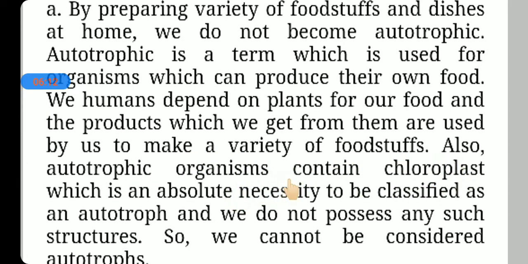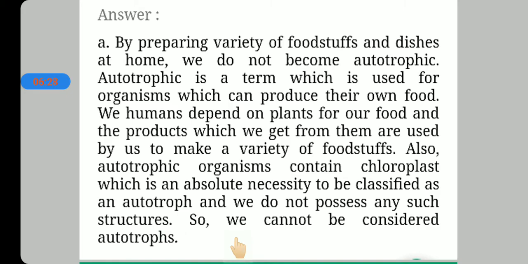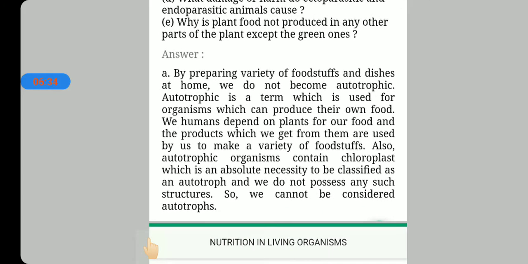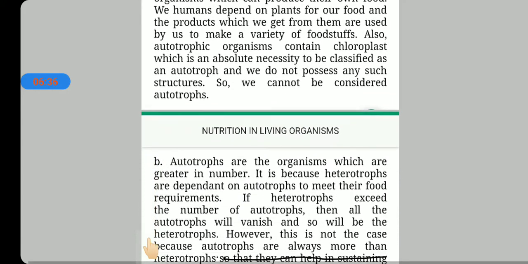Also, autotrophic organisms contain chloroplast, which is absolutely necessary to be classified as an autotroph, and we do not possess any such structure. So, we cannot be considered autotrophs, though we prepare food dishes at home.